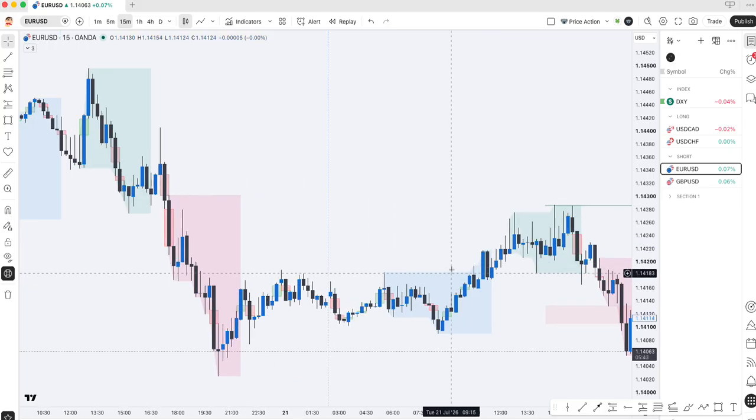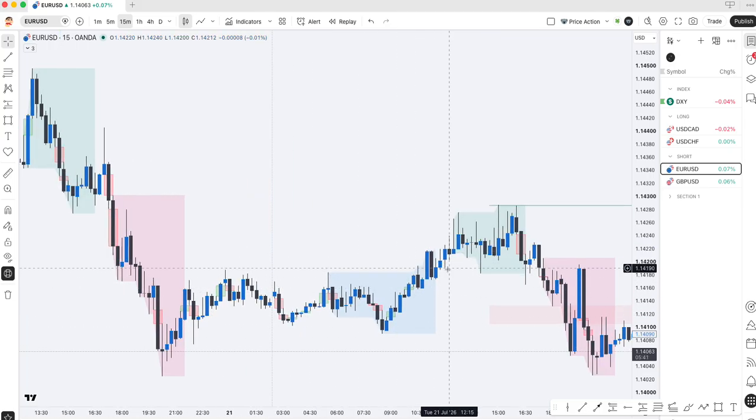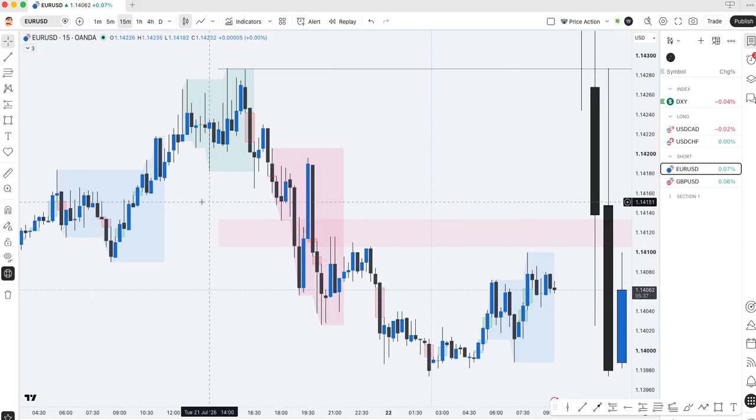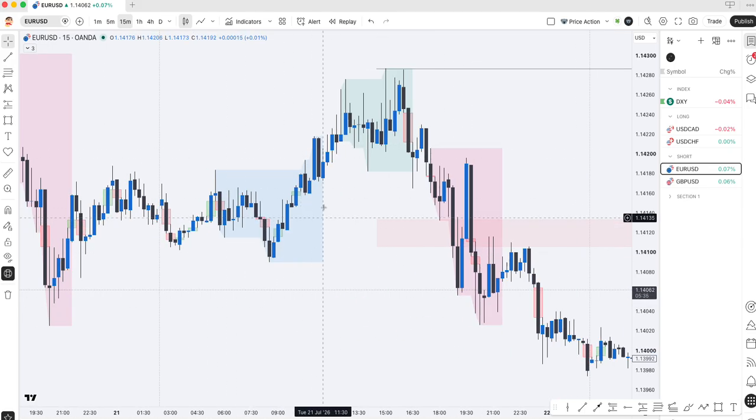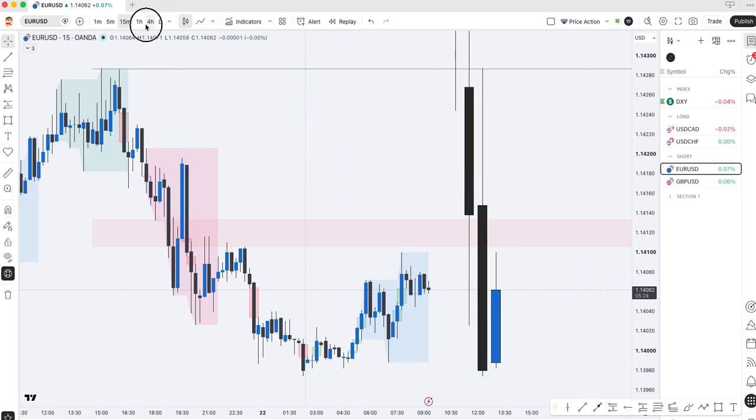New York continues. Asian session, London opens, sweep, continue going to the downside. So I don't need to trade in this time. Start trading from this 11:30 to 1:30 and then New York. So just London open and New York open is more than I need.